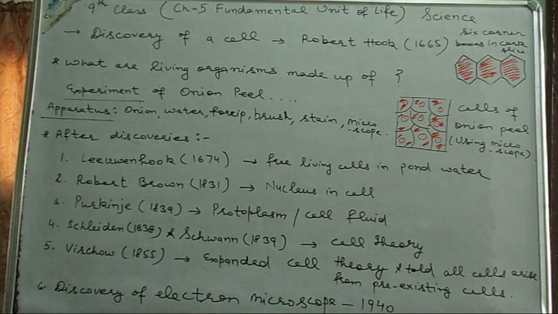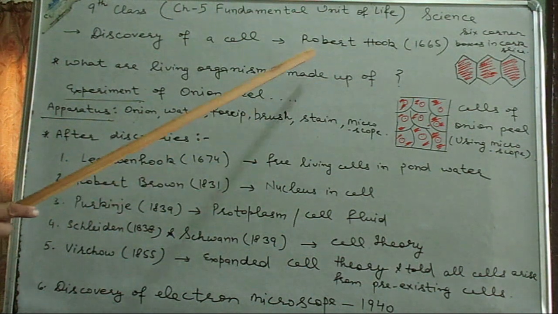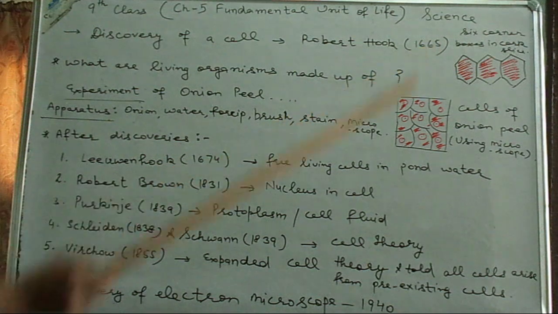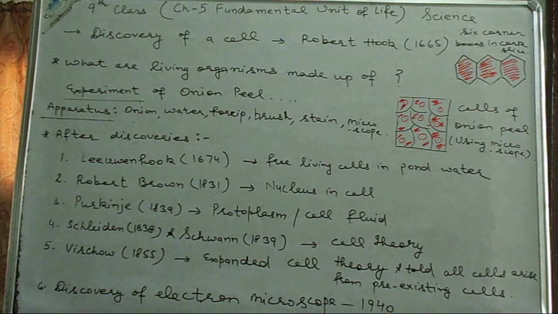The discovery of the cell was done by Robert Hooke in 1665, when he was trying to see a thin cork slice under his microscope, which at that time was not fully advanced, a very simple microscope.